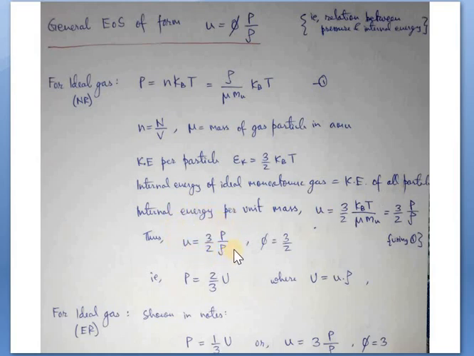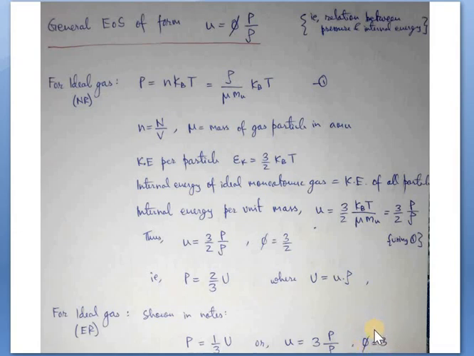So for a non-relativistic ideal gas, this phi, this was the general form, has a value of 3/2, and we can write this equation of state in this form as well, where U is the total internal energy, which is equal to the energy density multiplied by density. We have already shown in our notes previously that for the extreme relativistic case, the value of phi is equal to 3.